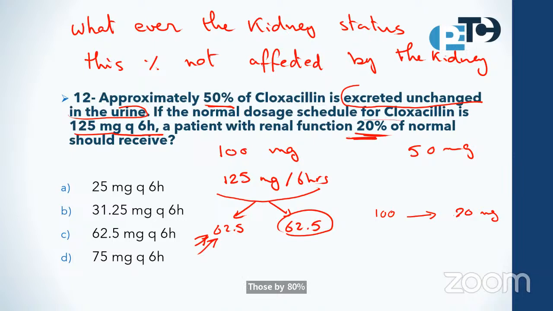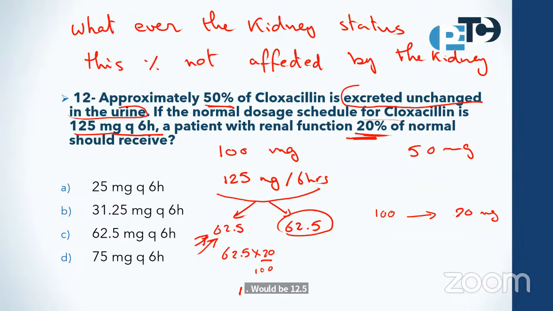Or you should multiply this 62.5 by the 20% to know how many milligrams should be injected. Okay, let's do it. 62.5 multiplied by 20% will be 12.5.